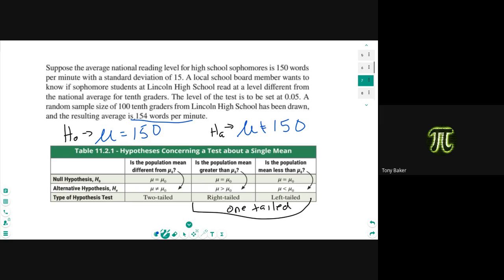Less than or greater than is one-tailed because we are only going to be looking in one direction on the graph. So if we're looking for greater than, it's called the right tail because we're looking at the right side of the graph. If it's less than, we're looking at the left tail, the left side of the graph. So not equal to is two-tailed, and less than or greater than is one-tailed.